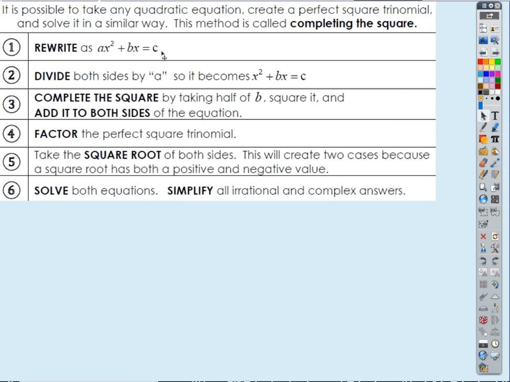We divide both sides by a, so we get x squared plus some number times x equals some number. It's not the same b, and c just stands for some number, right? Once we get it in that form, we complete the square. We add half of b squared to both sides, we factor it, and then we just isolate x. That's all that's saying. Okay?